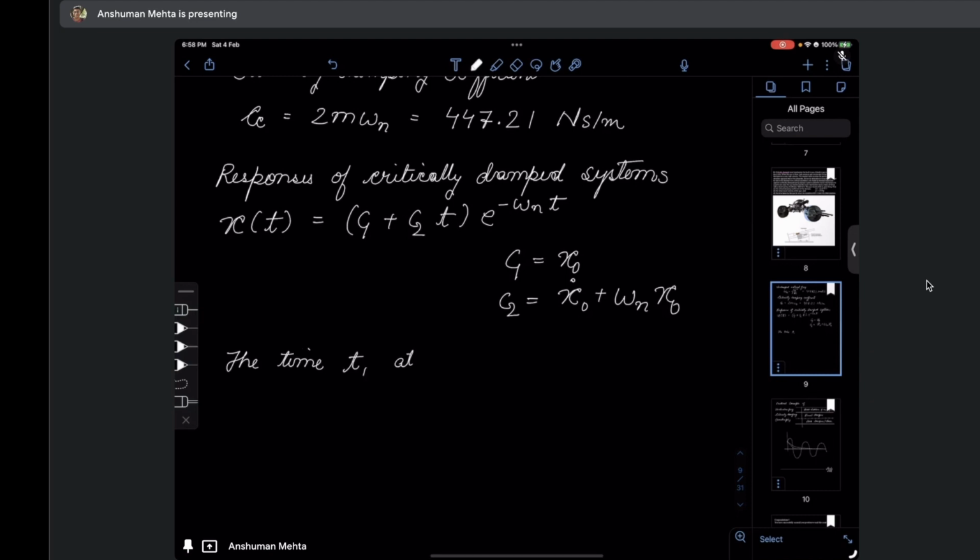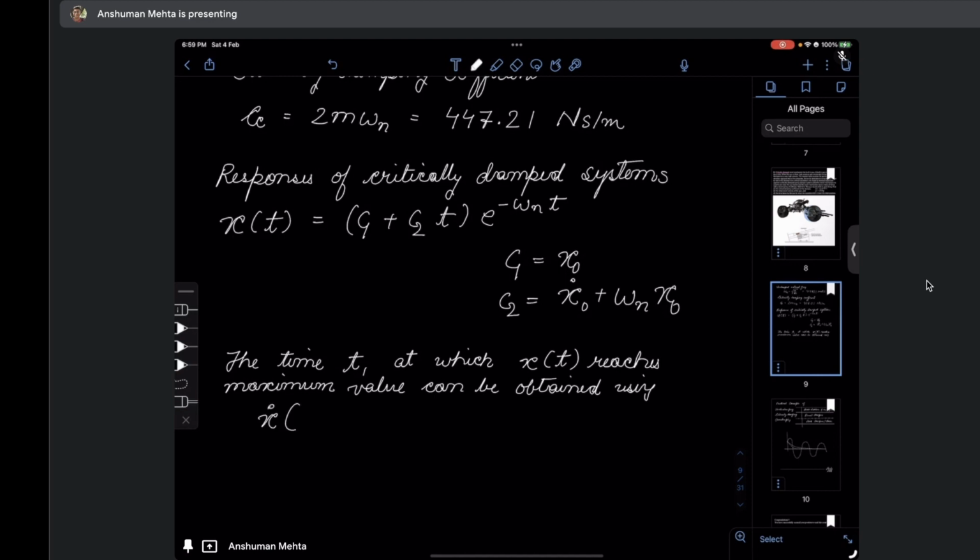The time t1, so it's again the same question as the previous part, where we can find t1 at which x(t) reaches its maximum, which is given in our problem. We have to find t1 at which x(t) reaches maximum, which can be obtained using x dot (t) equal to 0.